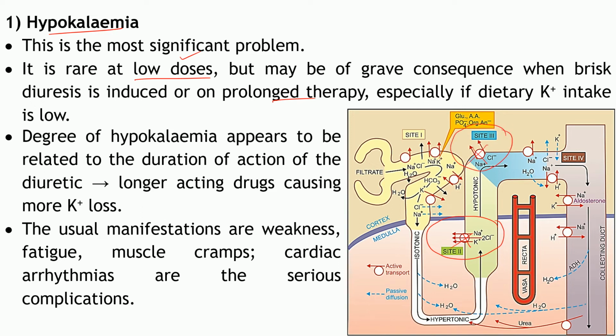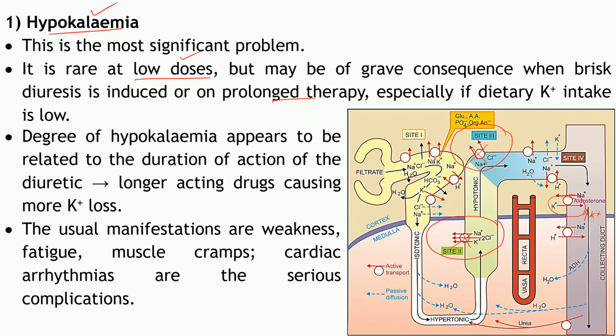Here potassium excretion is not directly enhanced, but in both these cases sodium reabsorption is prevented. So more sodium will be presented at site 4, more sodium will be reabsorbed and exchanged with the potassium ion. So that's why the increase in potassium excretion in the urine will take place, and in turn a condition called hypokalemia may get precipitated.